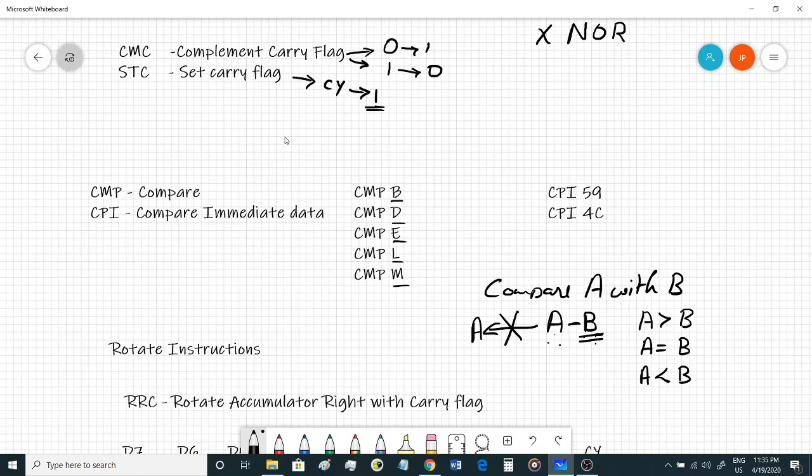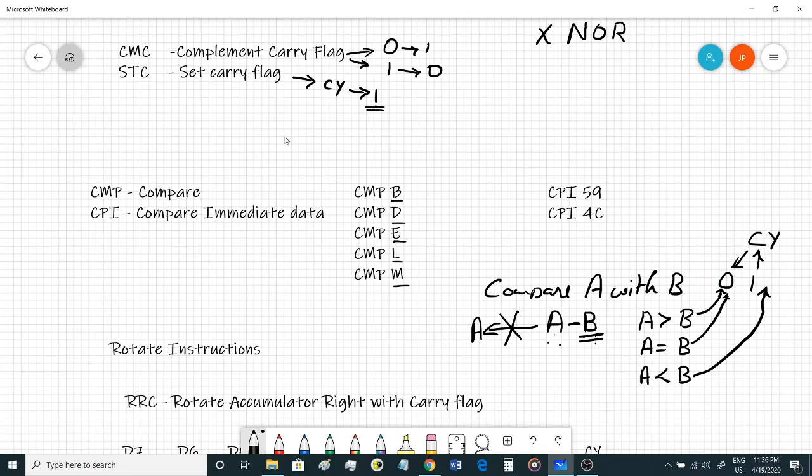Is that clear? If the number stored in B is greater than the number stored in A, you will require a borrow, and that borrow will reflect in your carry flag. So if the carry flag is set to 1, obviously B is greater than A. If the carry flag is 0, there are two conditions: either A and B are equal, or A is greater than B. Those are the two conditions which will give a carry flag of 0 when you do the A minus B operation.